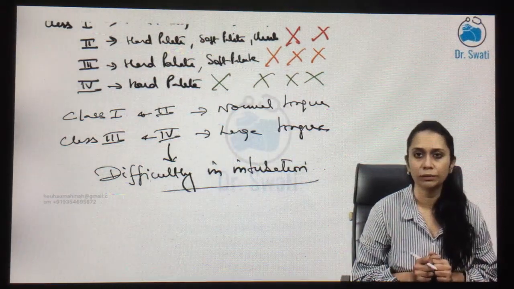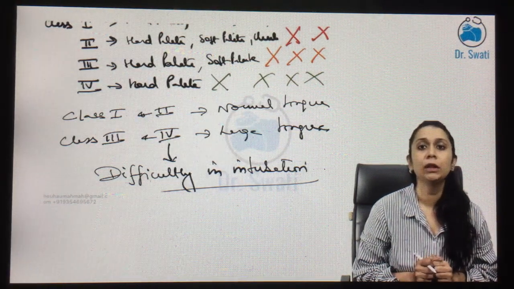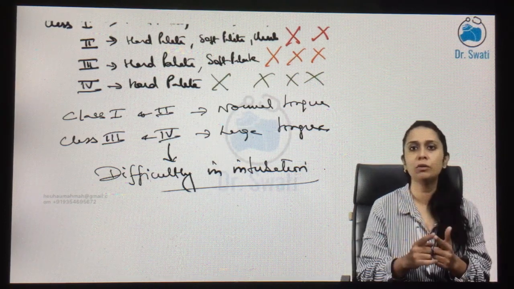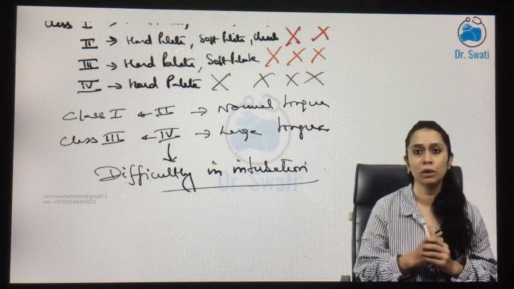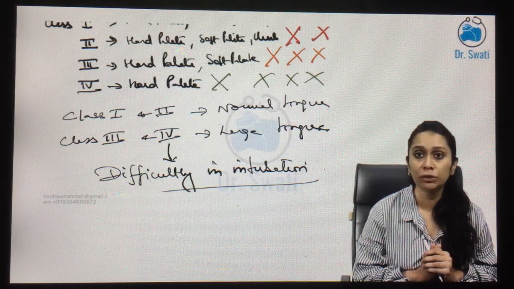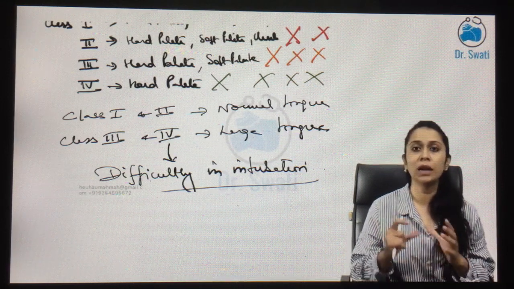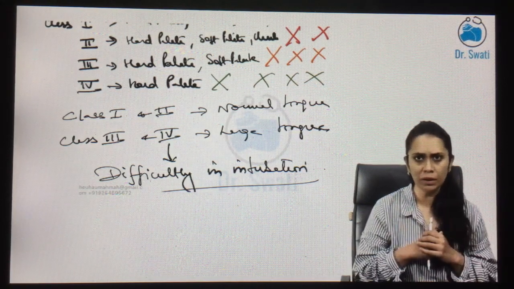So Mallampati is assessing difficulty in intubation by assessing the size of the tongue. See guys, if you have inadequate mouth opening or inadequate mentothyroid distance, that also tells us difficulty in intubation, right? What is assessed by Mallampati? Size of tongue with respect to oral cavity. Got my point? This is Mallampati grading.